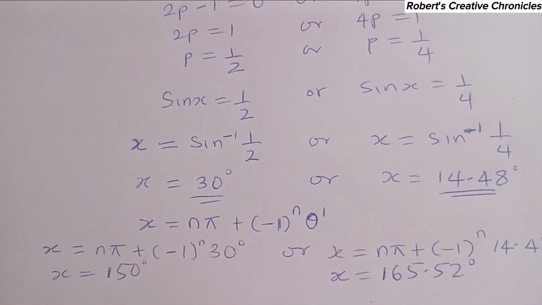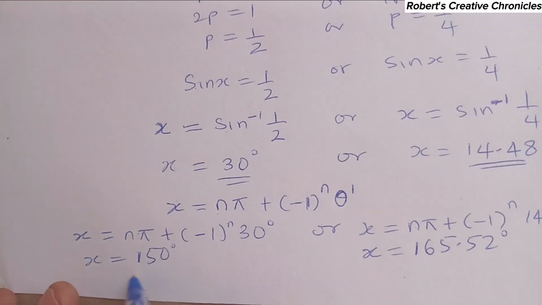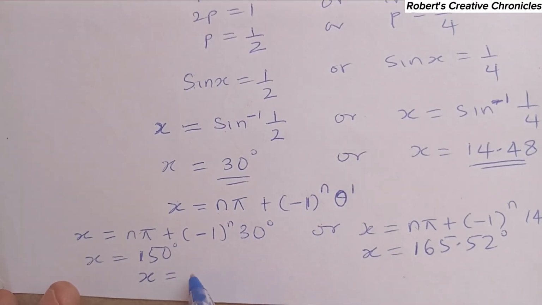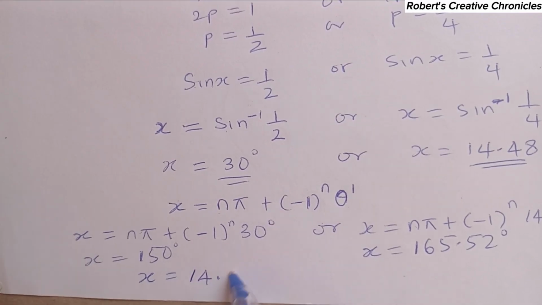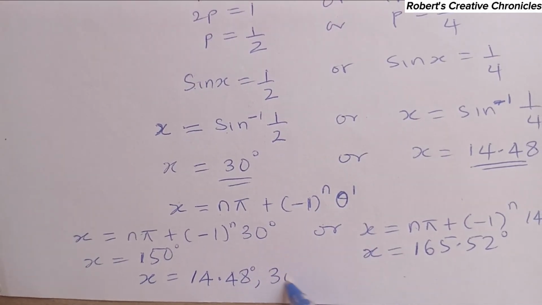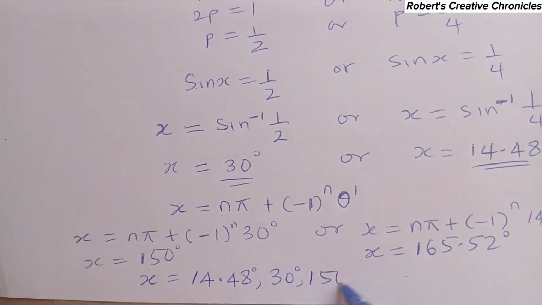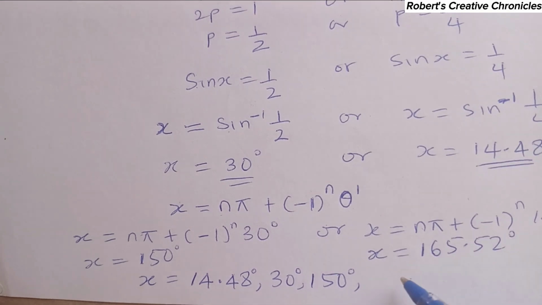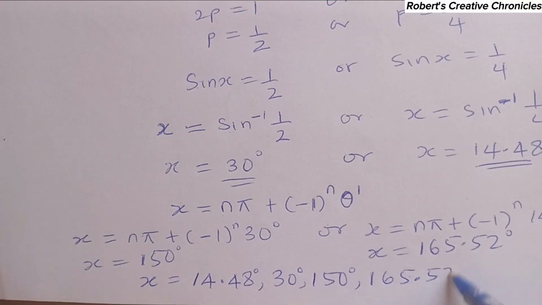So our values of x now will be 14.48 degrees, 30 degrees, 150 degrees, and 165.52 degrees.